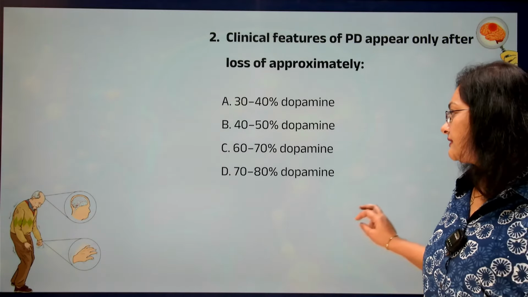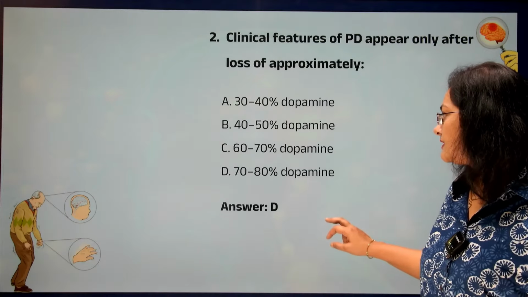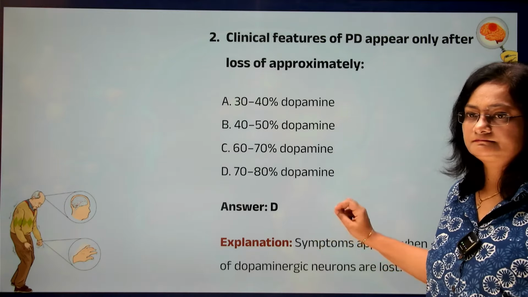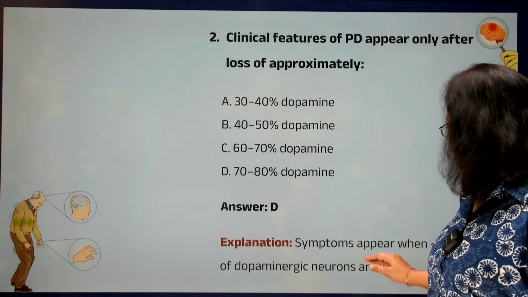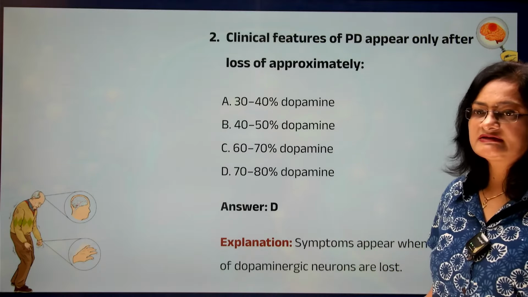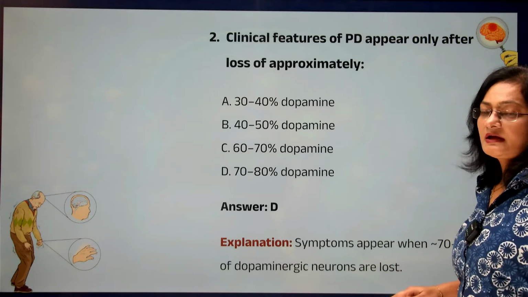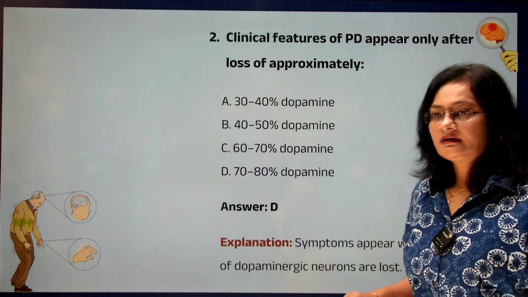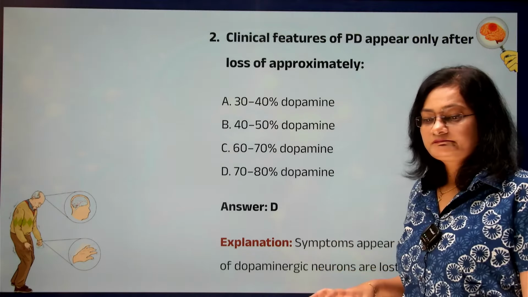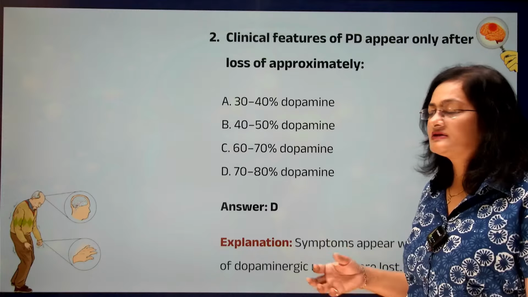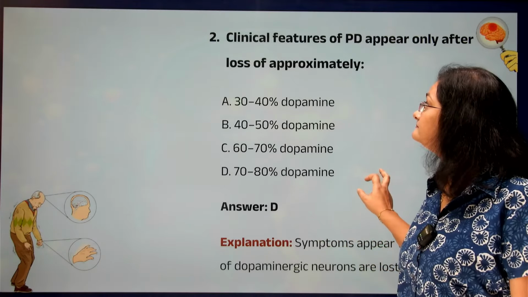So our answer will be D, 70 to 80%. Symptoms appear when approximately 70 to 80% of the dopaminergic neurons are lost, resulting clinically in marked features of Parkinsonism.